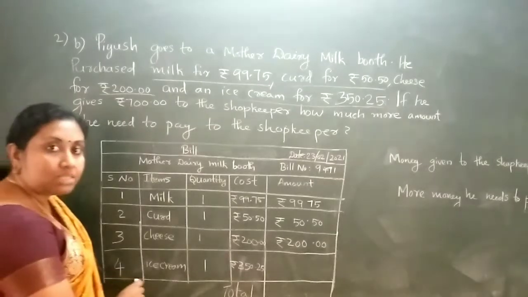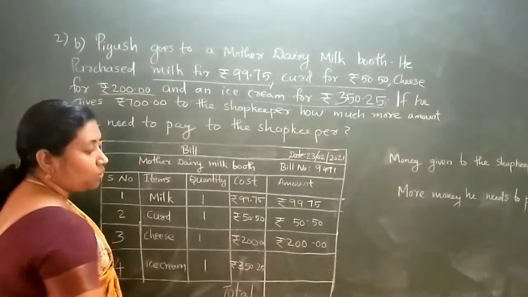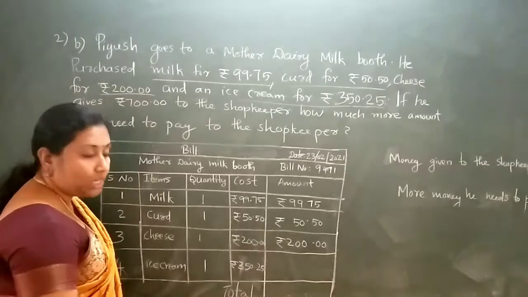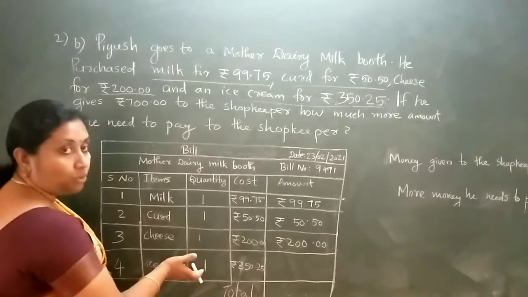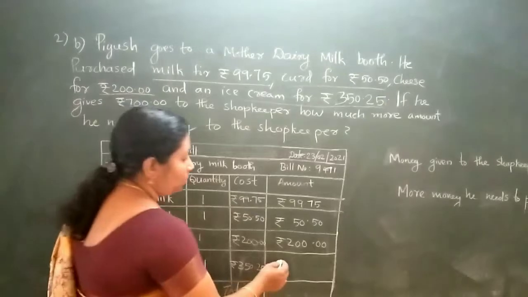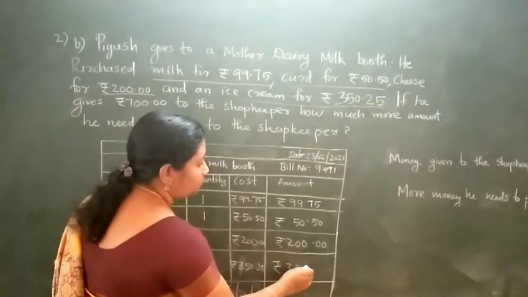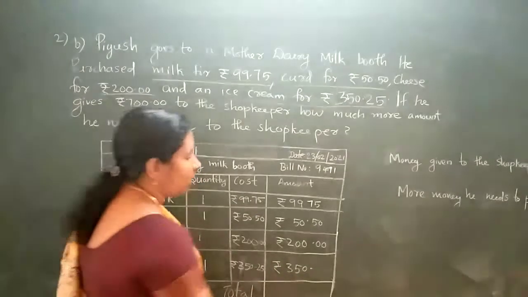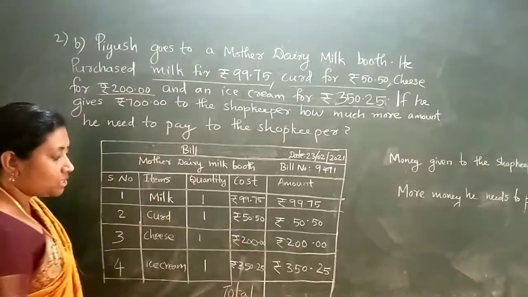Then which is our last item? That is ice cream. What is the cost of that ice cream? Rupees 350 and 25 paise. Here also only one item, so you write here rupees 350 and 25 paise. Then what is our next step?